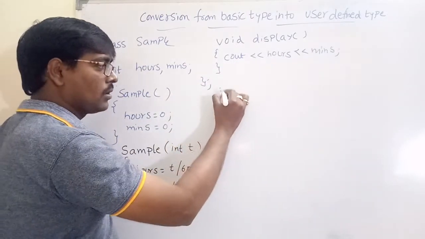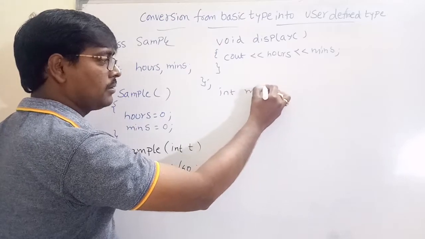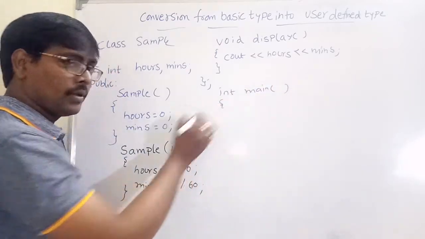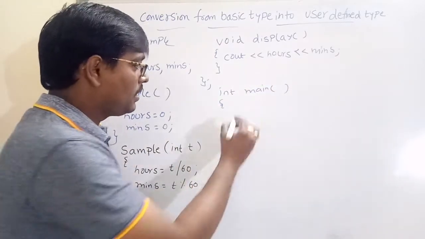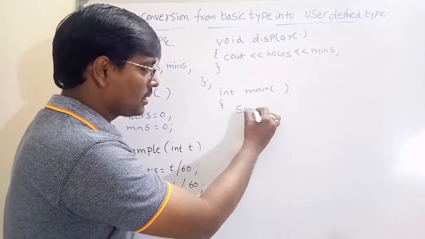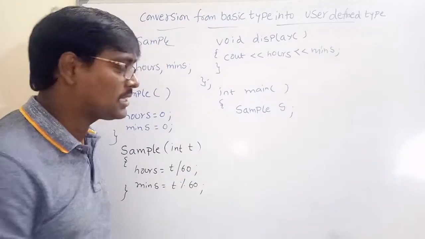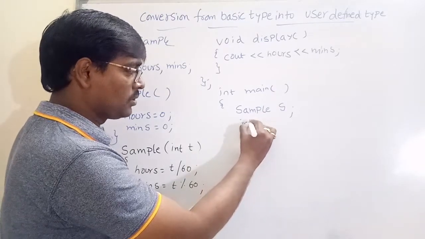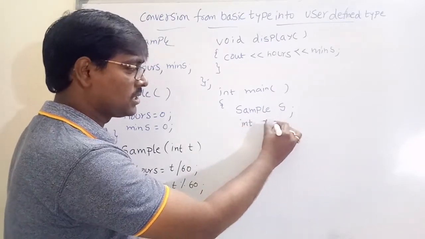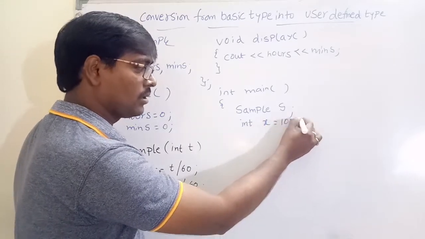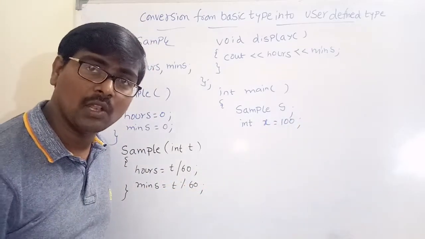Now int main, in the main create an object sample s. Suppose create a variable x with a value of 100.